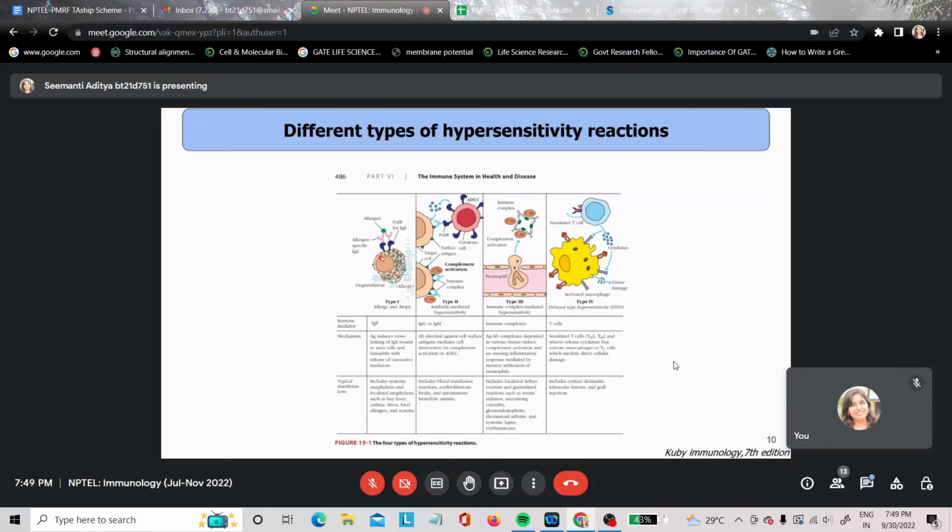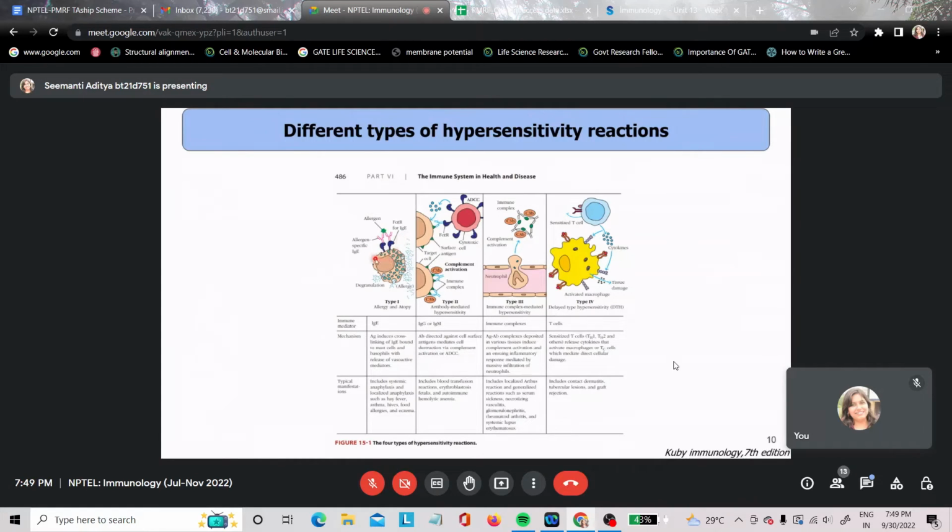This MHC class 2 will go and prime the B cell, and allow the B cell to recognize this particular allergen. During that B cell recognition and class switching, the allergen specific IgE molecule will be produced. So this IgE molecule will lead to the hypersensitivity reaction.